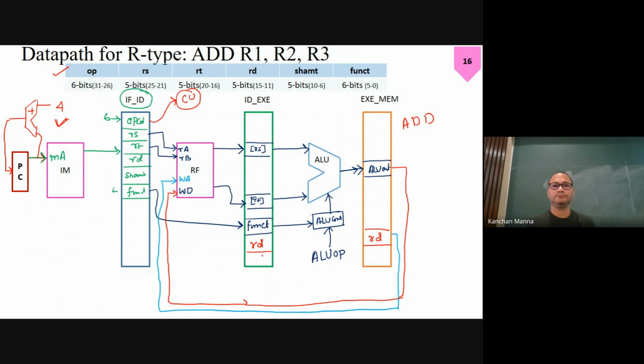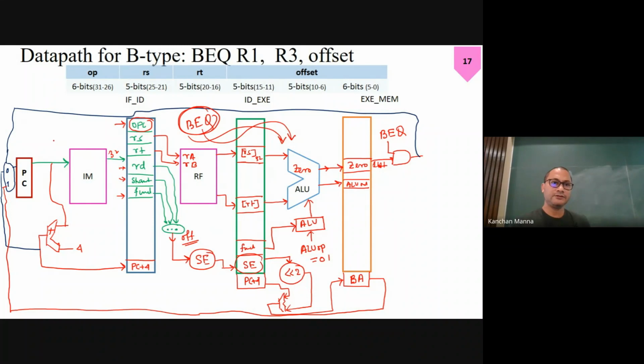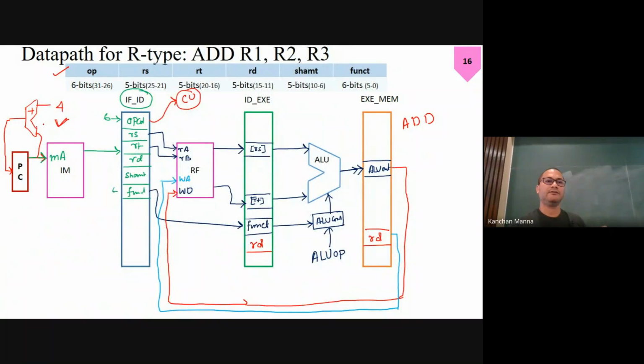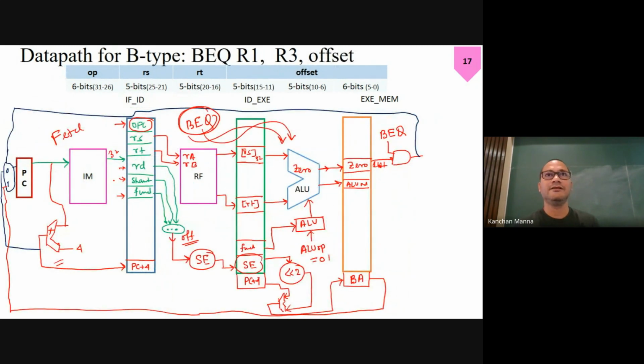Because PC plus 4. Tell me. Here also, after the fetch stage, what is your worry? This is the fetch stage only, right? Now the things have been flipped upside down. I mean, here you see the adder is here. In the earlier case the adder was here, but the stage is the same. Clear? Yes, the offset is here.